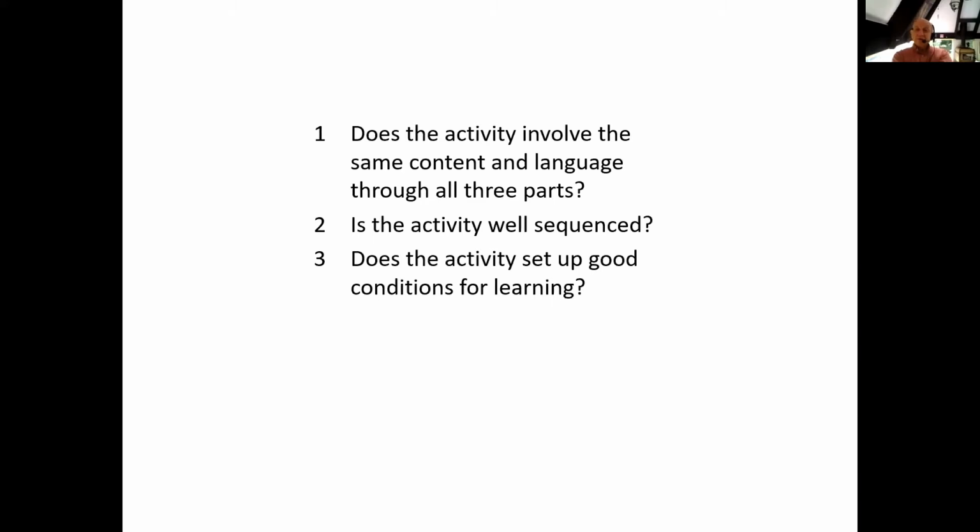When we look at whether an activity is well sequenced, it's quite useful to think, if you do a linked skills activity, what skill do you really want the learners to get the best practice in? If you're running a speaking class, then you would like the third step of the activity to be a speaking activity.